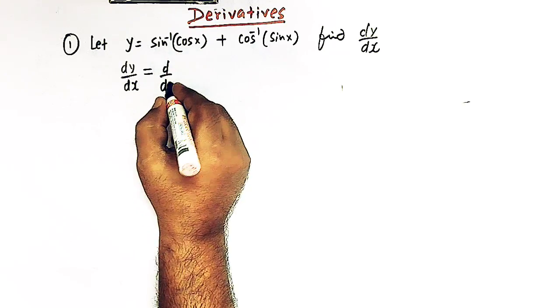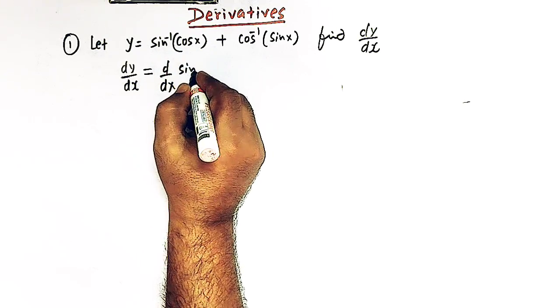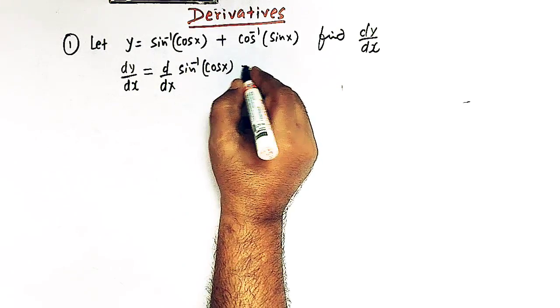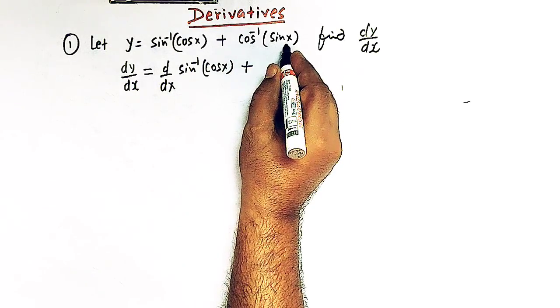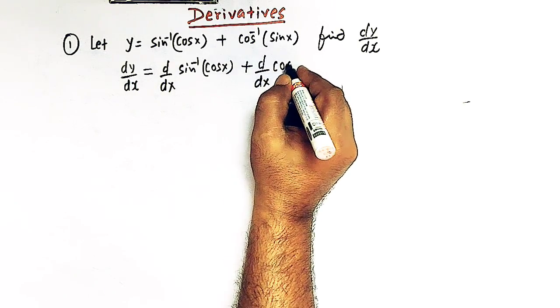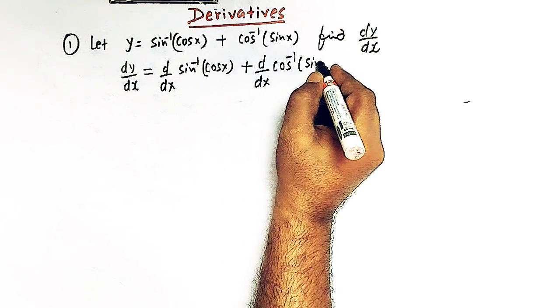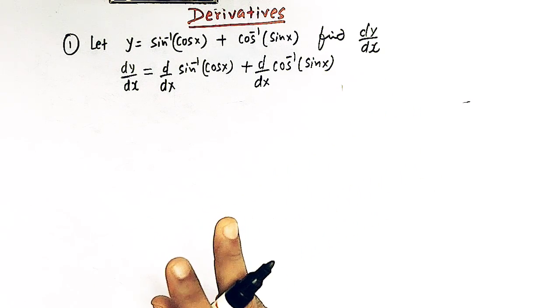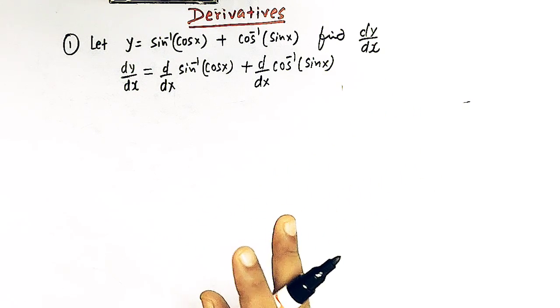First we'll differentiate this function, and we have d by dx of sine inverse cosine x plus then we'll differentiate this function with respect to x, right? So here we are going to make use of some concepts from inverse trigonometric functions, right?